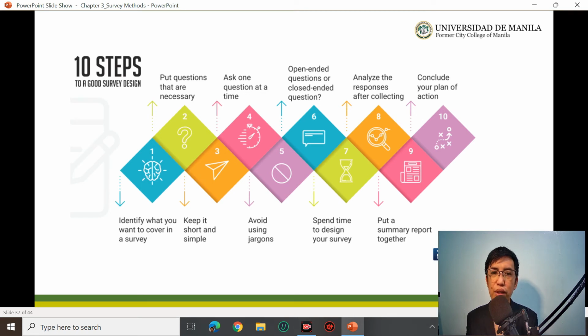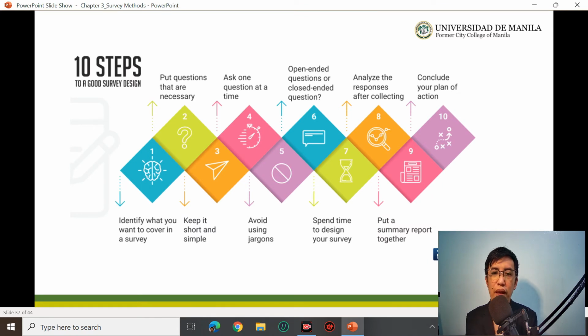Then put questions that are necessary. Keep it short and simple kasi nga yung iba ayaw magsagot. Okay? Kaya dapat maigsi lang, baka pagkahaba-haba ng questions ninyo doon. Ask one question at a time. Kasi nga, gusto natin masagot yung tanong natin. So, nakalagay halimbawa, what are the advantages and disadvantages? So, dapat paghiwalayin mo yun. What are the advantages? The next question, what are the disadvantages?